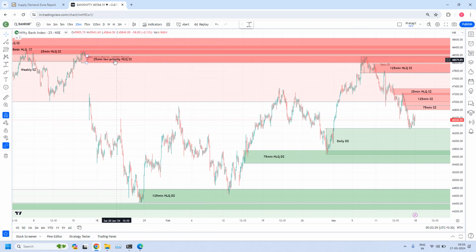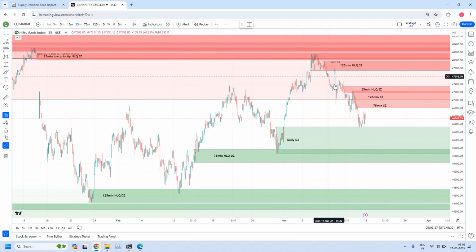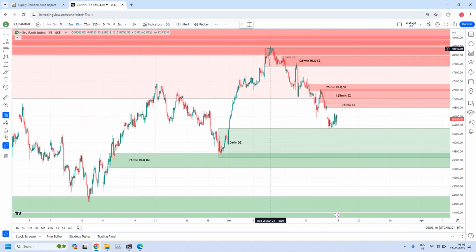But this entire area is a daily high liquidity zone. So this is the move. When prices entered here on the 6th, if anybody had taken a short order, swing traders, you would have got this entire move from here to here.